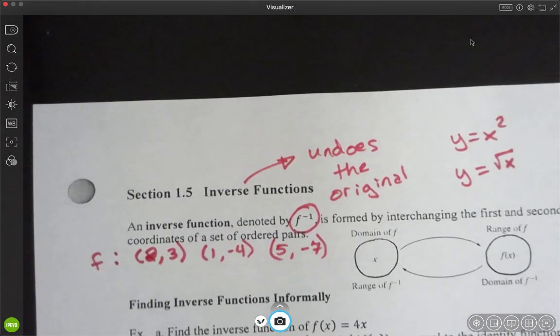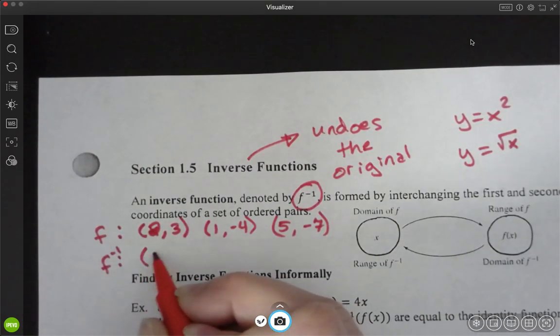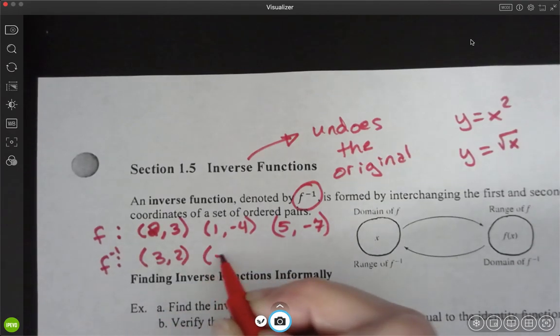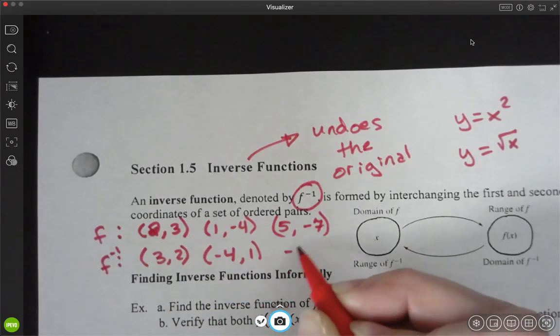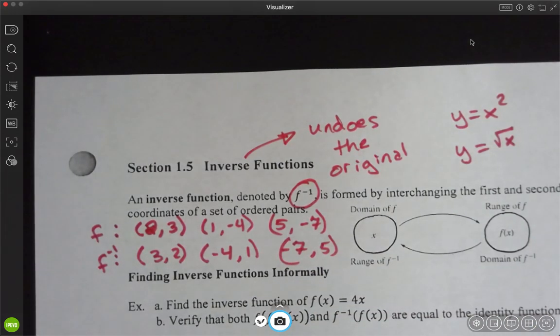If those are the f coordinates, the f inverse would be (3, 2), (-4, 1), and (-7, 5), because you are just exchanging the x and y coordinates.